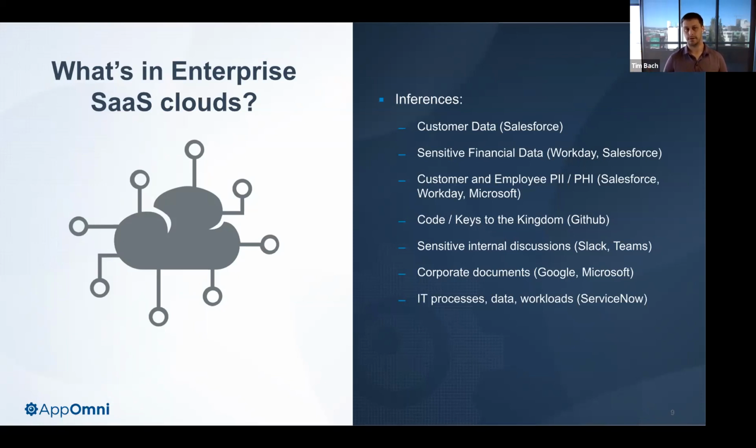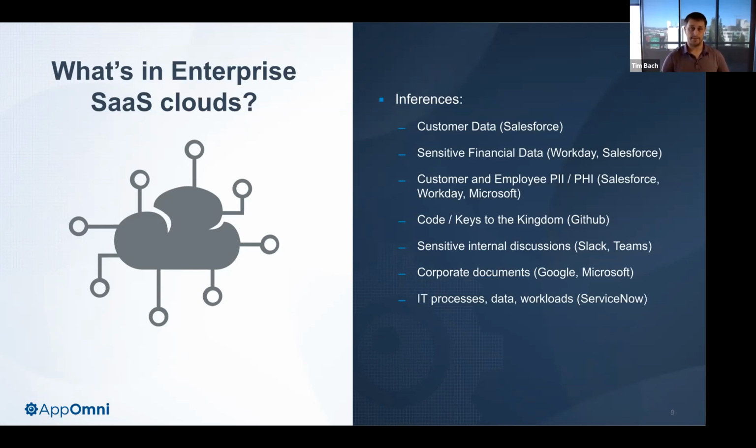So if the Google suite or the Microsoft 365 suite is where your document creation primarily resides, you again have SaaS sharing rules potentially protecting a lot of that data. And then you see the same sort of concerns that you might see with an S3 bucket, right? To tie it back to infrastructure. And then IT processes, data, and workloads.